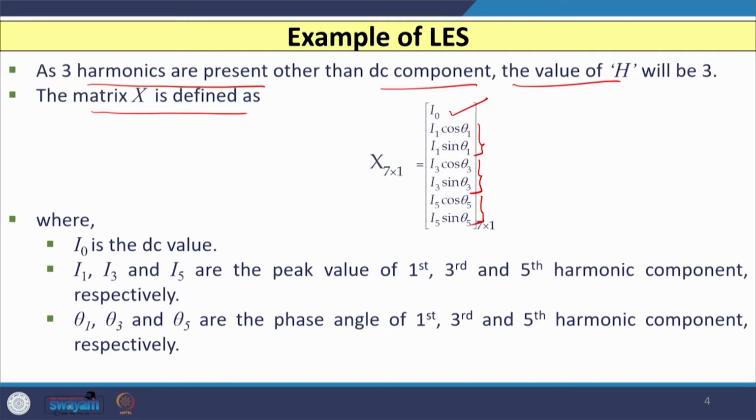As I told you, I 0 is the DC value, and I 1, I 3, I 5 are the peak values of first, third and fifth harmonic components, whereas theta 1, theta 3 and theta 5 are the phase angles of first, third and fifth harmonic components respectively.